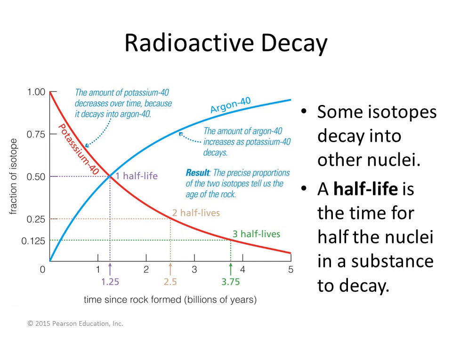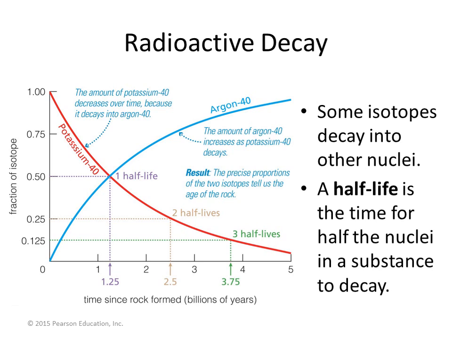Here's a graph that shows the potassium-argon reaction. Potassium-40 is an element that decays into what's called argon-40, and it does so within a certain time period.